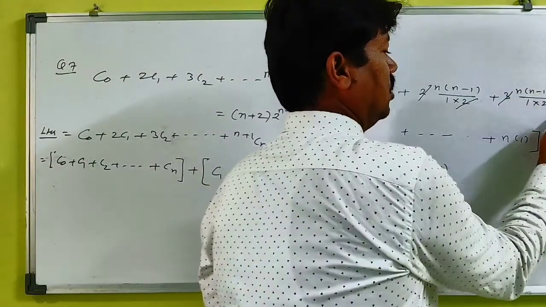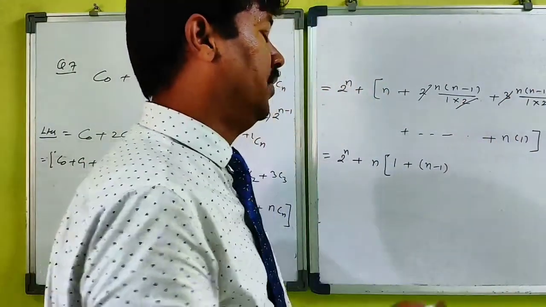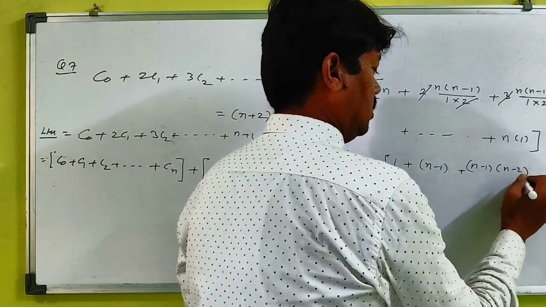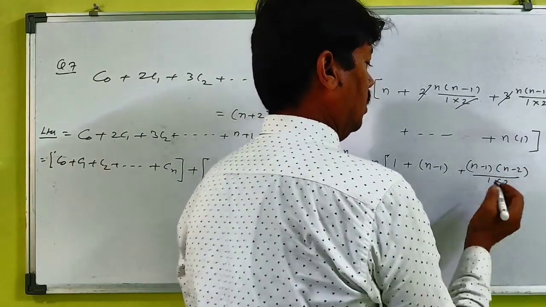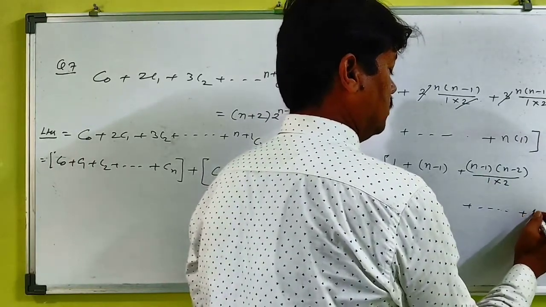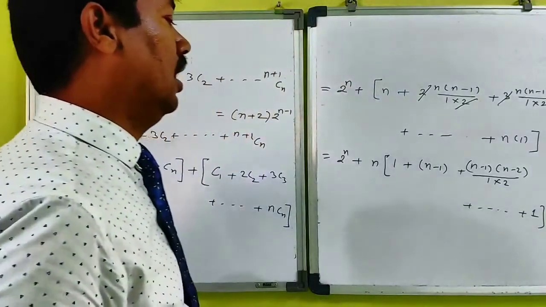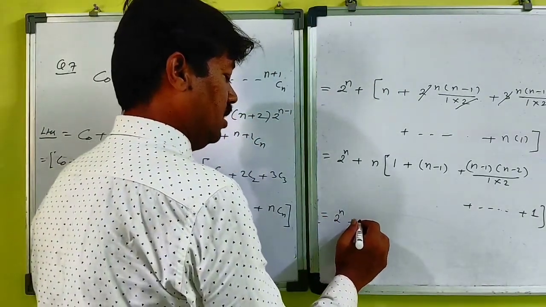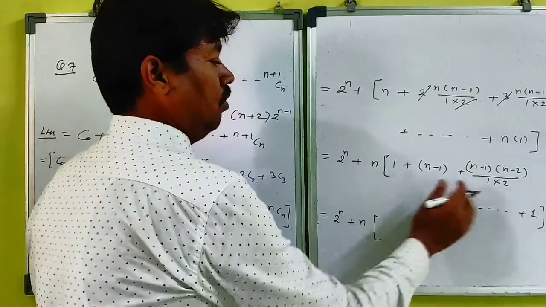Similarly, this 3 cancels, n is taken common. So what remains here? It is (n minus 1)(n minus 2) upon 1 into 2. Plus, like this, n common, so at last 1 remains. And that is nothing but 2 raised to n plus n into, what is this?